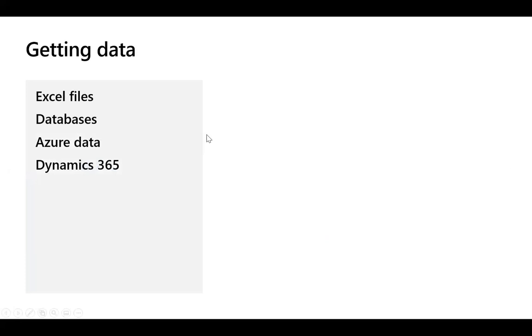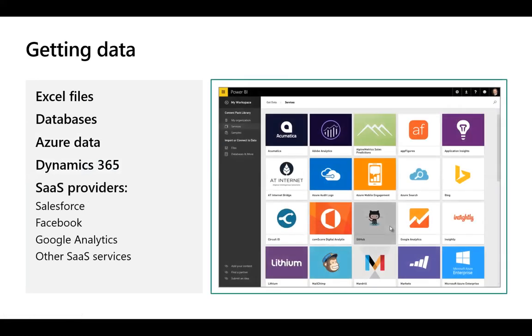So again, we start talking about getting data. You can look at Microsoft Azure, which is the cloud platform where you can start looking at data. You have Salesforce, Facebook, Google Analytics. There are loads of these things where you can get your data from.